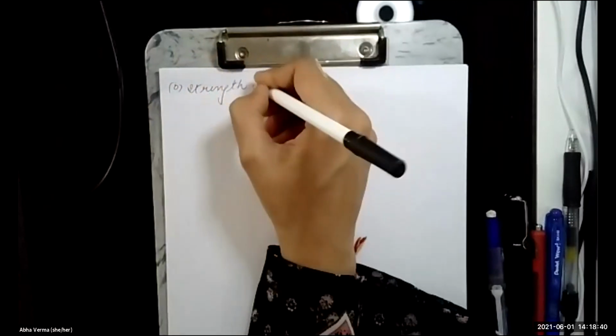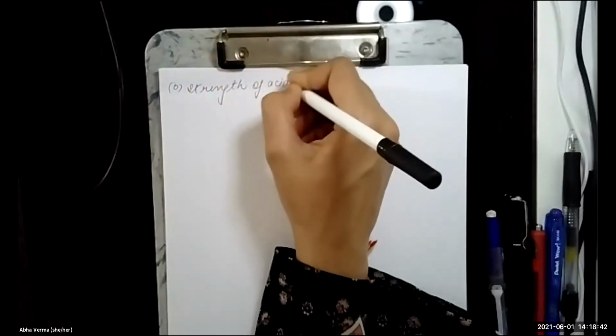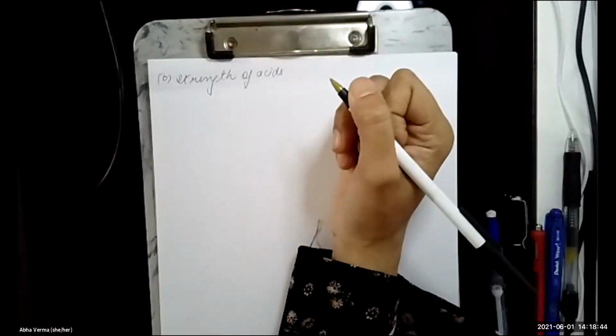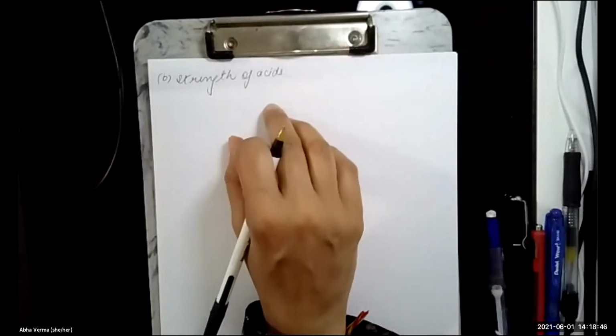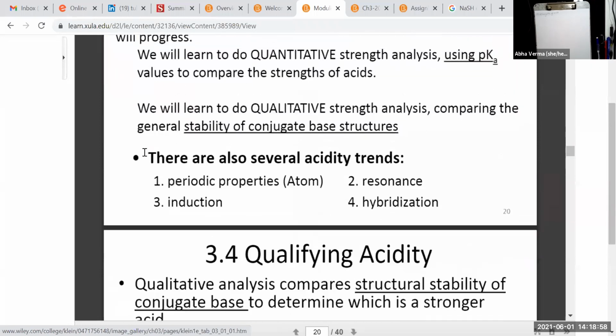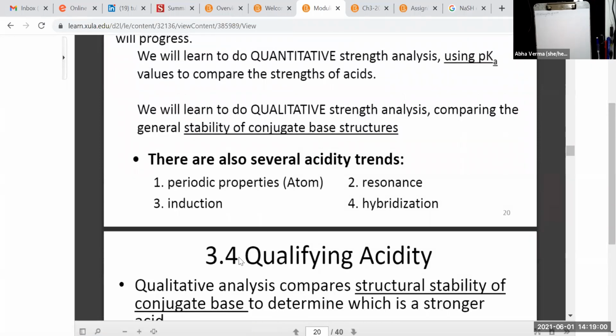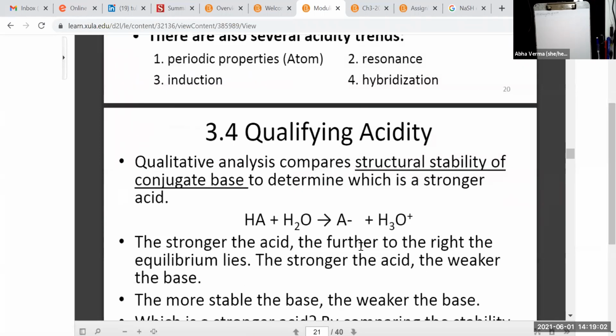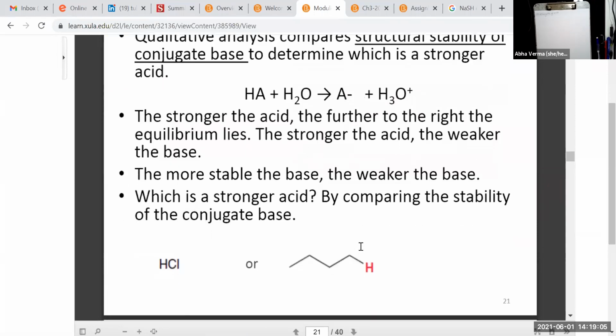So there's stability of bases, and now we will compare the strengths of acids. We do this by using what is known as the ARIO. What is ARIO?